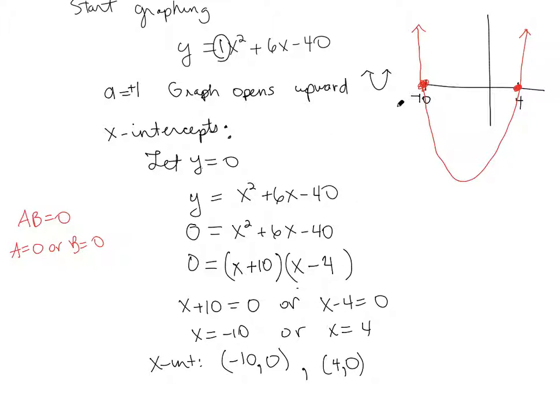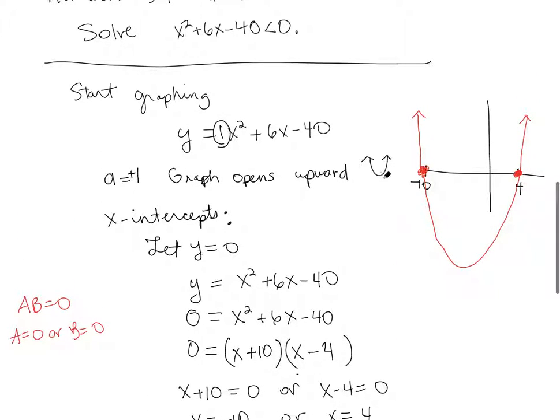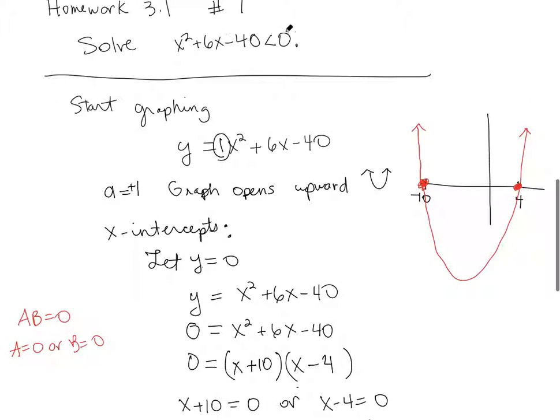Now, how can we use this to solve our inequality? Because this looks very different from the inequality, right? The red here represents all points for which this equation is true.